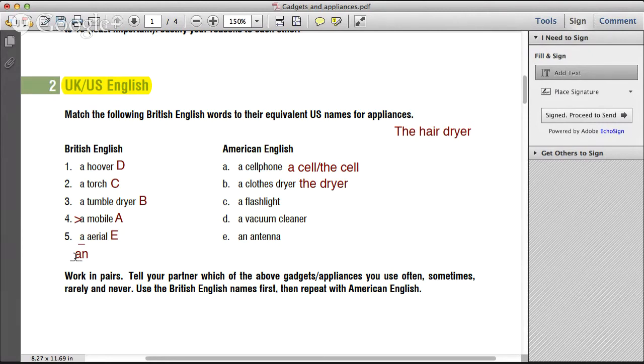Any other questions? Okay. Now, let's take a look at these different gadgets, and tell me which one you believe is used most between a vacuum cleaner, a flashlight, a dryer, a cell phone, or an antenna. Which one do you guys think is used the most?